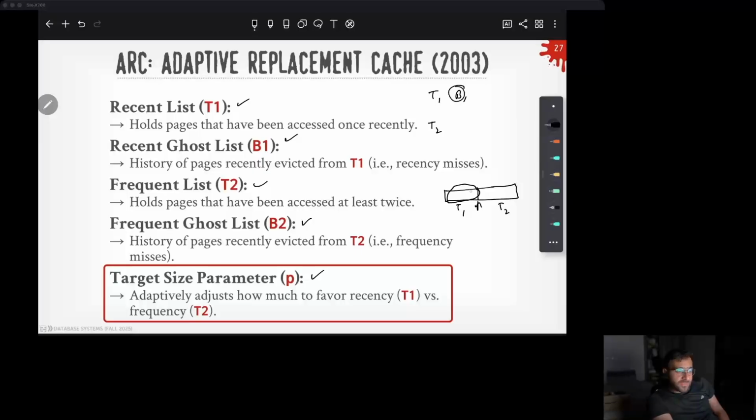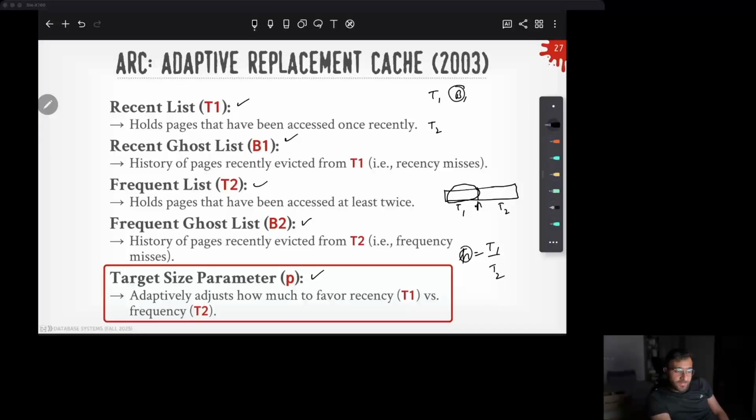If you are taking heavy cache misses on the recency list, then you favor that recency list and you increase P, because P is the ratio of T1 to T2.